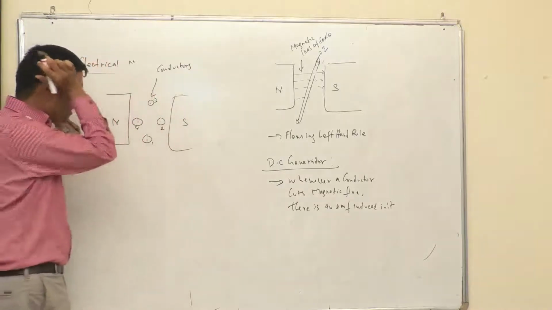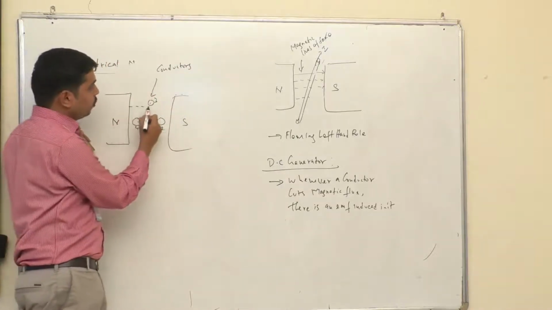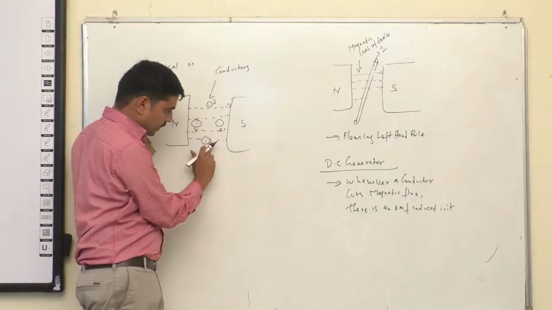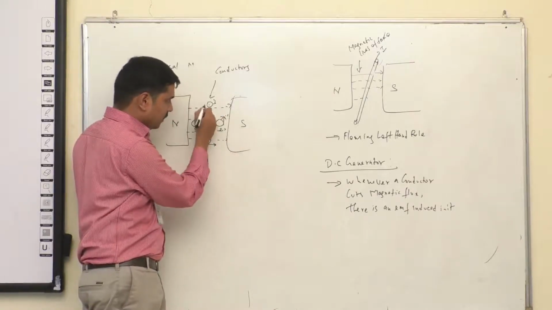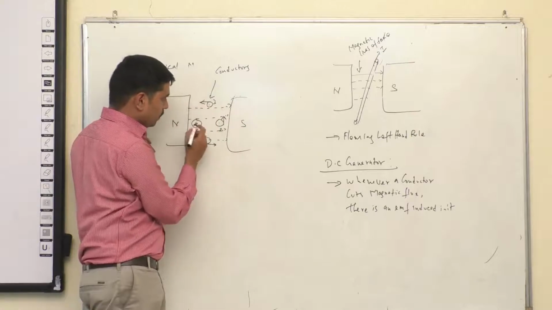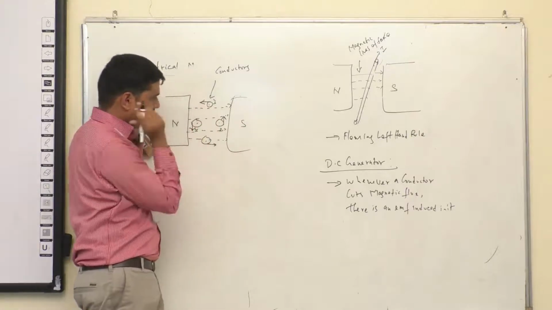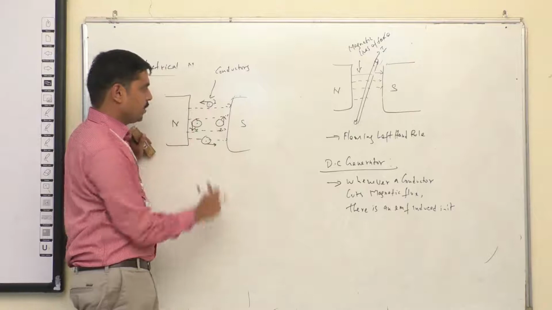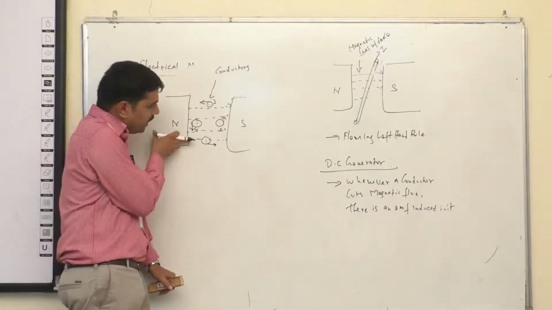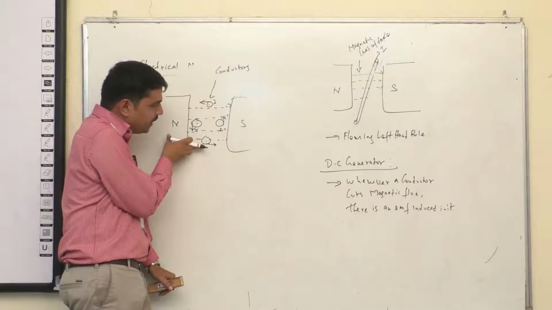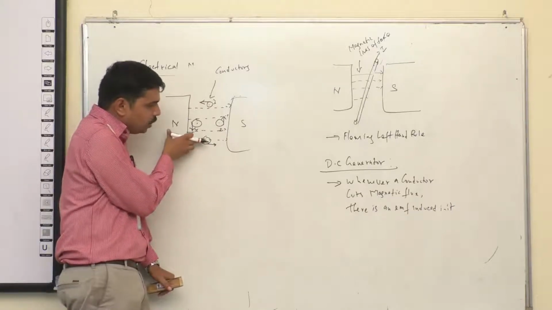We know that the magnetic lines of force travel from north pole to south pole. This is the conductor direction, 1, 2, 3, 4. You see that the magnetic lines of force and the conductor moving direction are both parallel to one another.